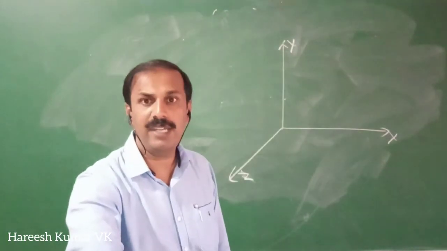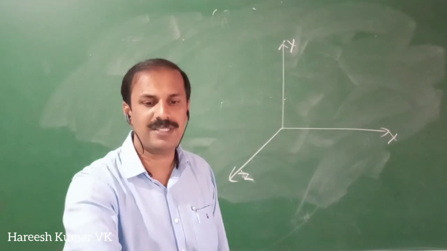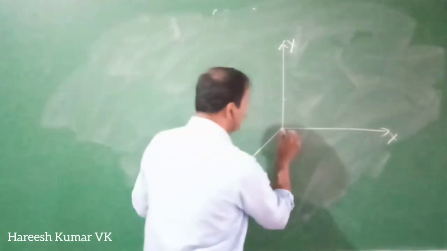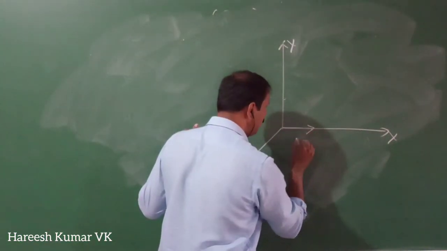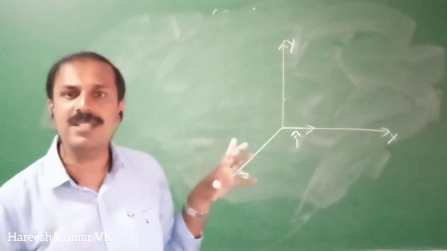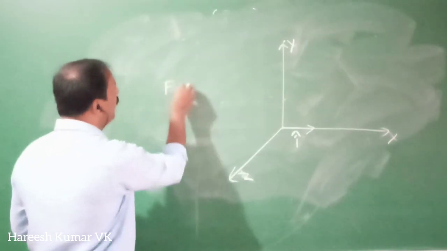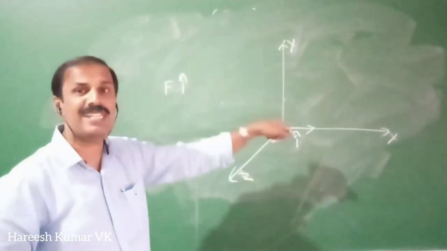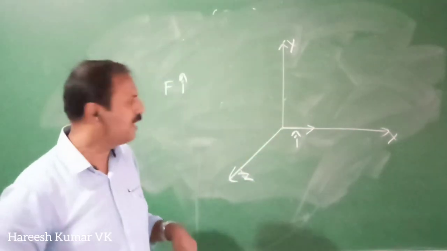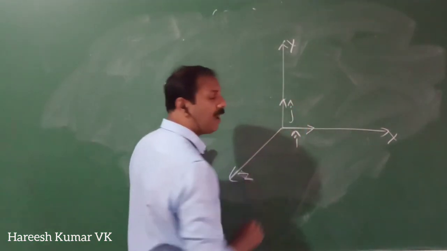Actually, we have a fixed name for these unit vectors along the x, y, and z axes. The unit vector along x axis we will write as i. Unit vector i means it is along x axis. Its meaning is if somebody is telling the force is given by F i, it means the force is along x axis. So this i says it's a unit vector along x axis. And along y axis we have j. You have to write a small letter with a cap.